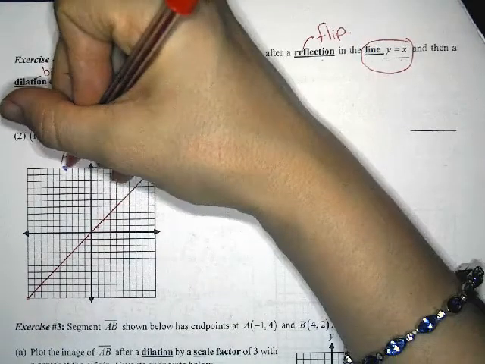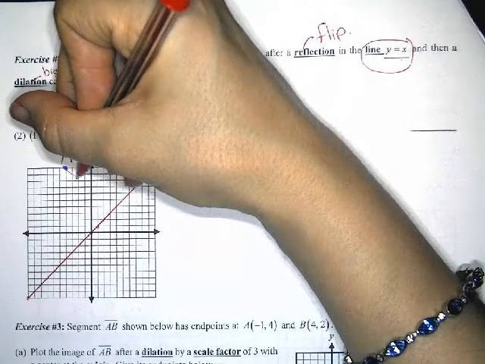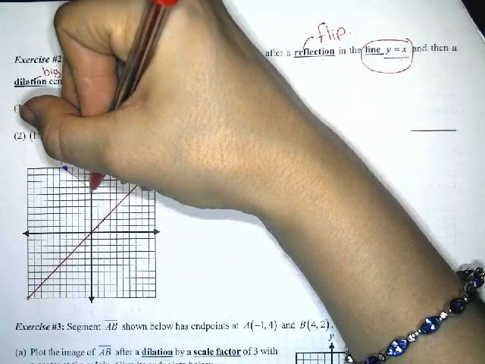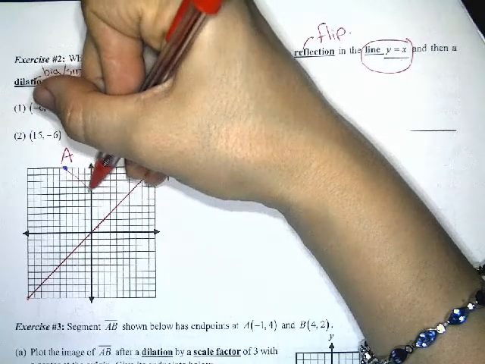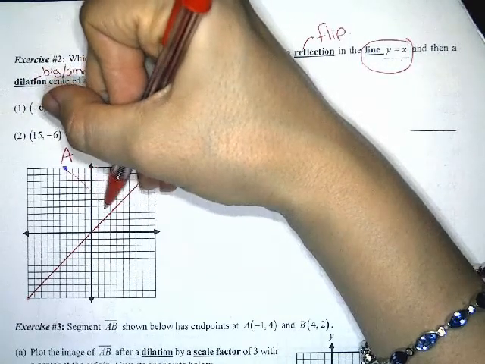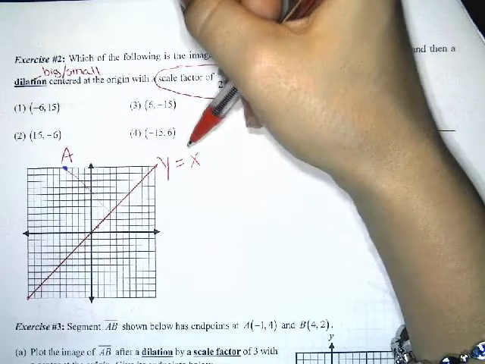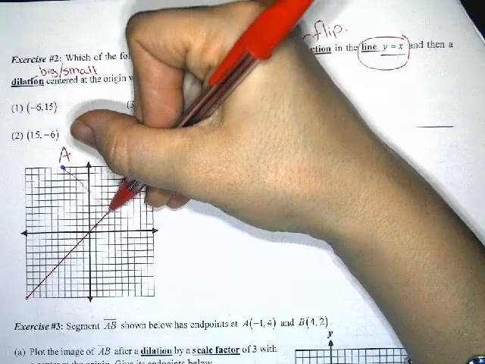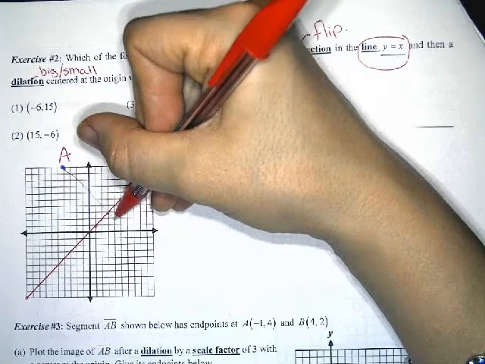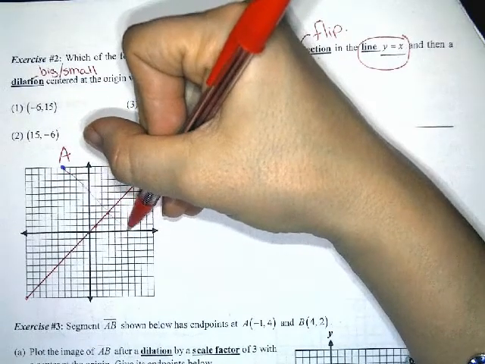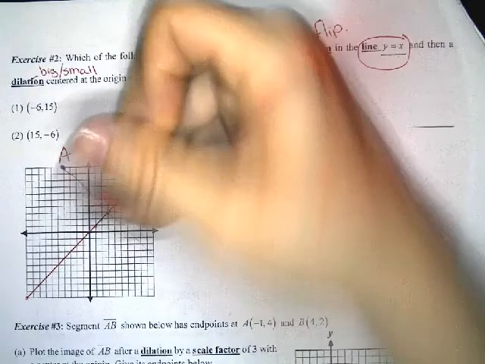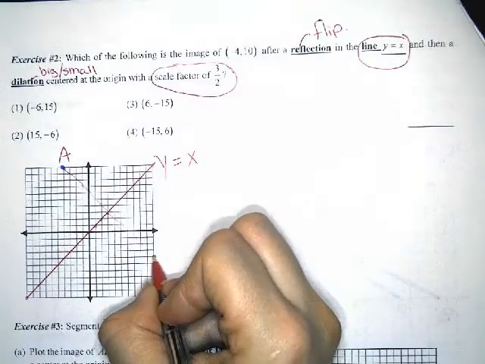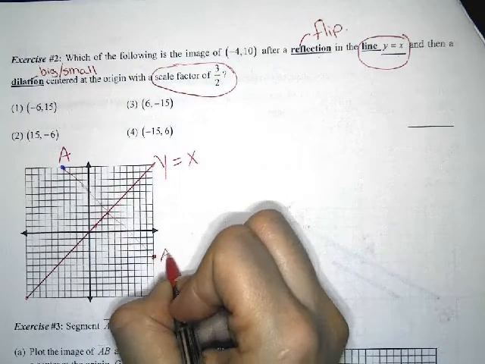So if I do that, I can count the diagonal boxes. 1, 2, 3, 4, 5, 6, 7. So now I'm going to go through 7 diagonal boxes again. 1, 2, 3, 4, 5, 6, 7. See the location of A prime.